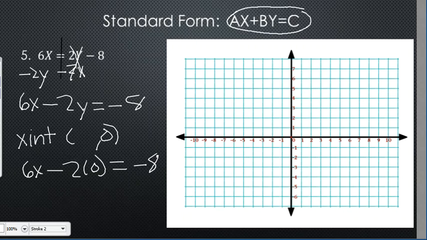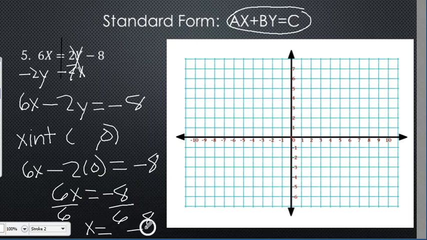And now from here, we know that negative 2 times 0 is 0, so that gives us 6 times x equals negative 8. And then we would divide by 6 on both sides. So we get x equals negative 8 divided by 6.